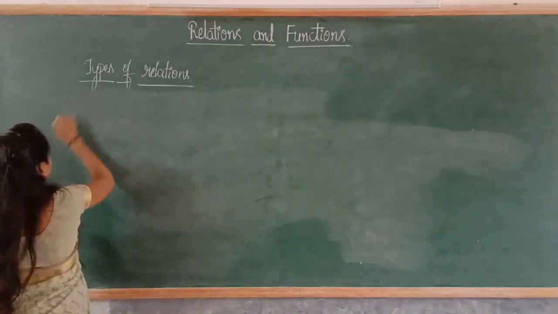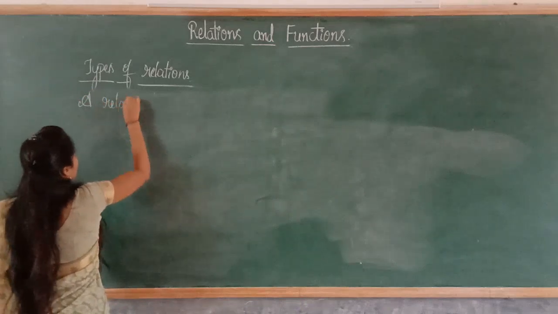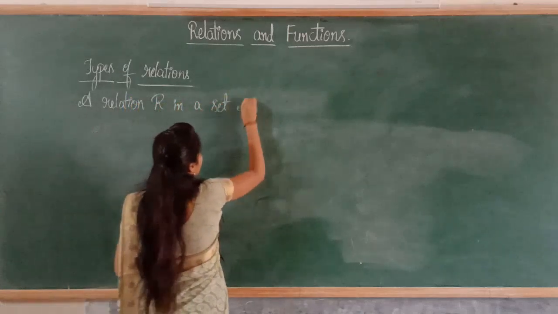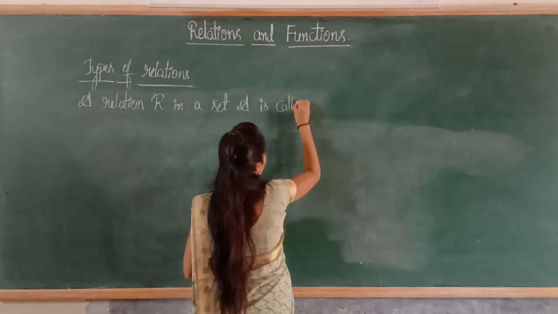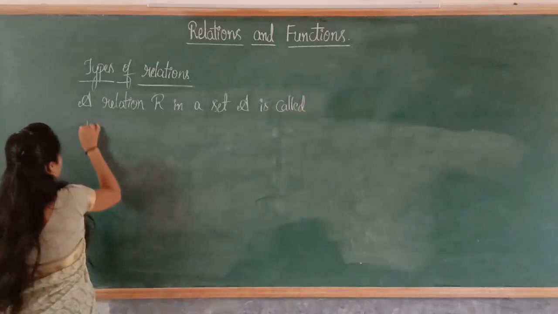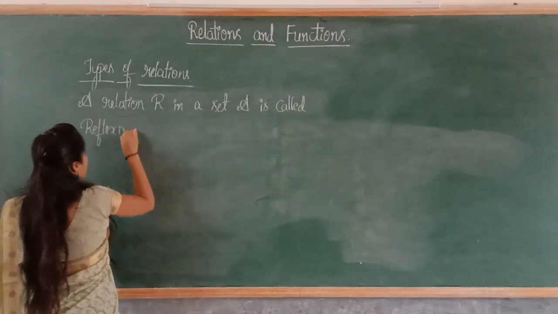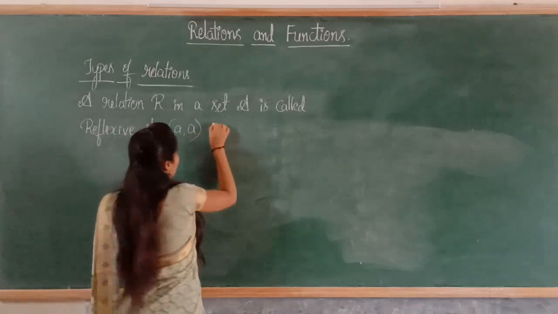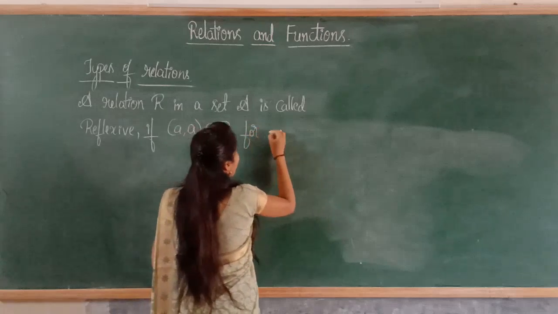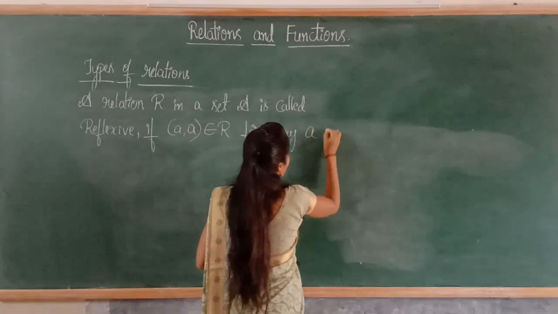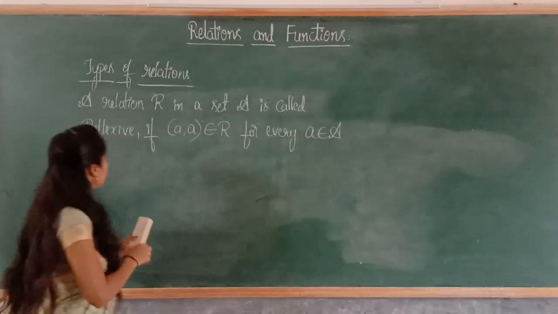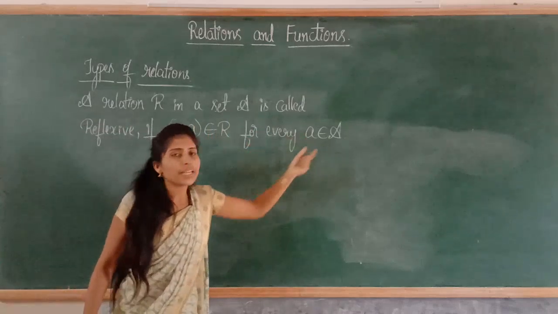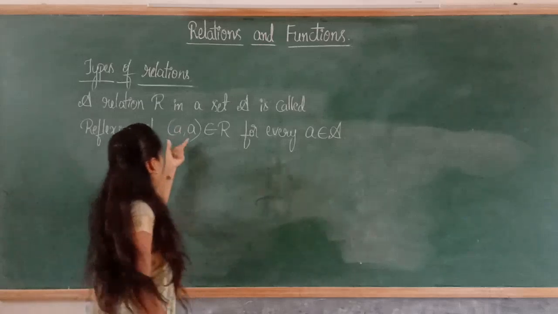Okay. The first one is reflexive. A relation R in a set A is called reflexive if (a, a) belongs to R for every a belongs to set A. In a reflexive relation, the ordered pairs should be the same.